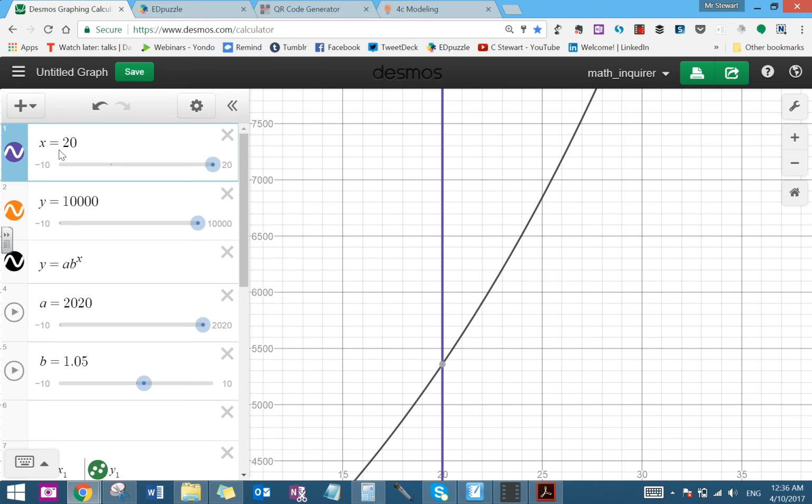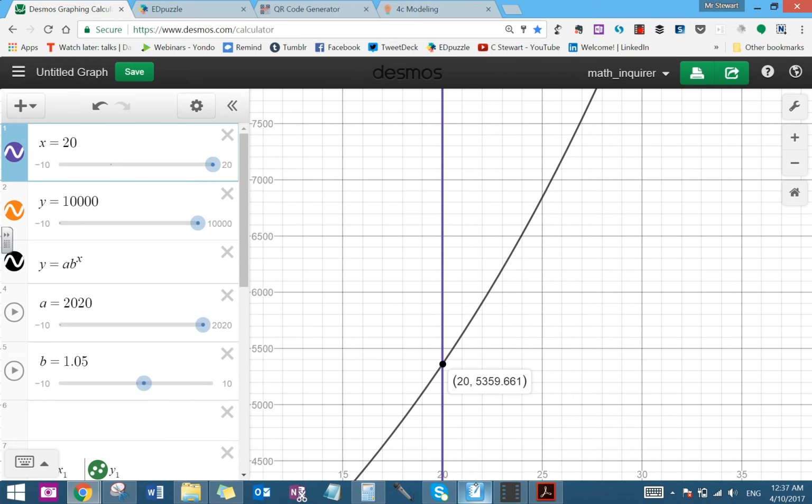See, there you go. There's another little trick, which is to get your vertical equation in along the x value you're really interested in. You can see it intersects the curve here. So after 20 days, we are going to have nearly 5,360 downloads or music downloads.